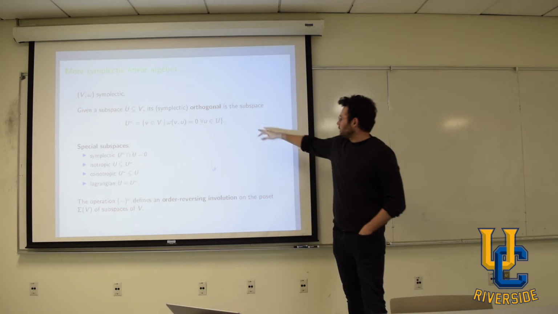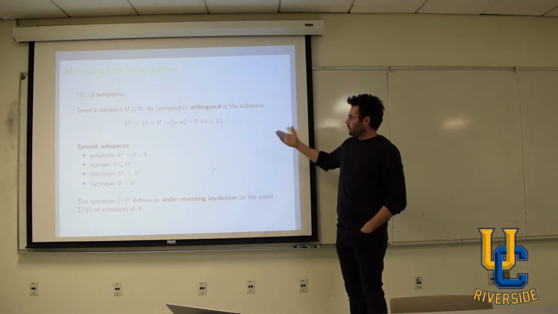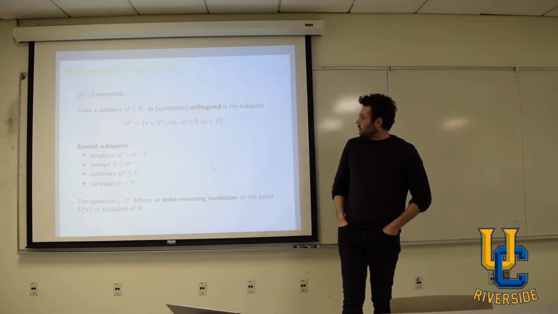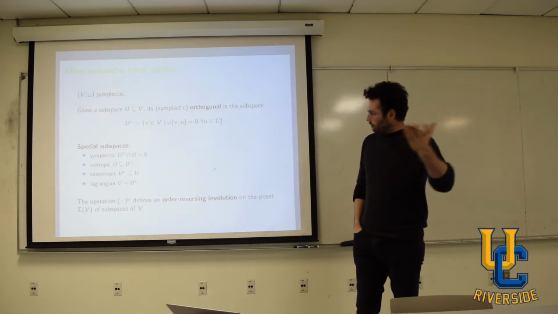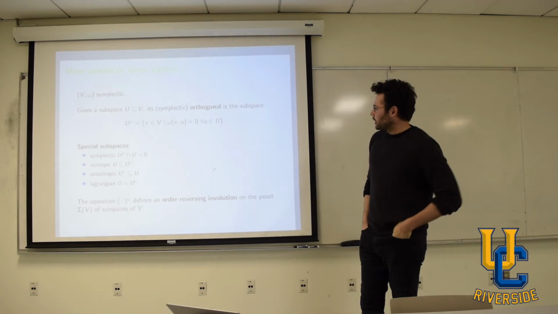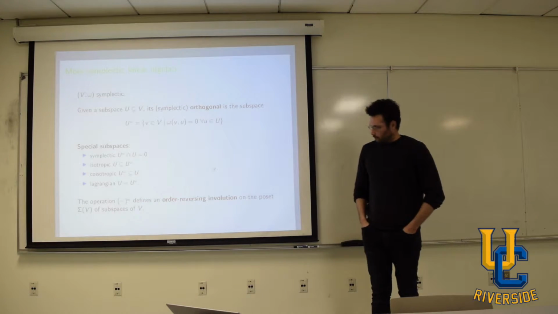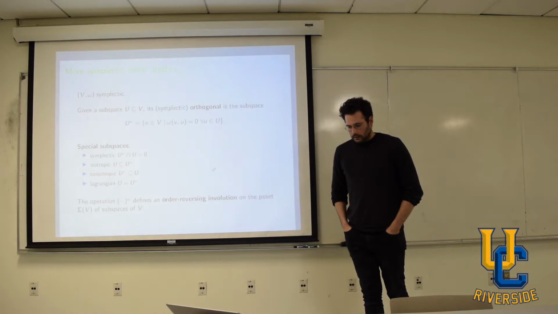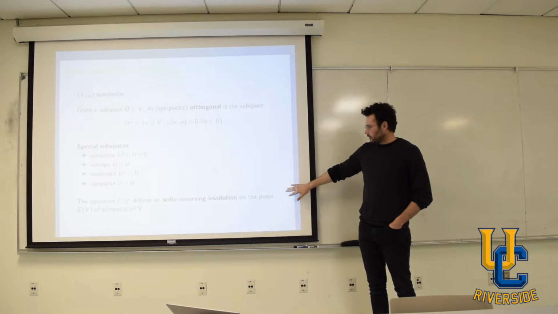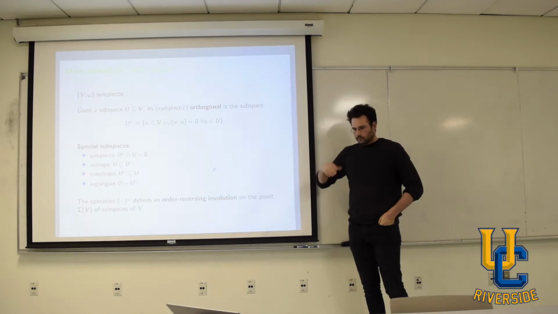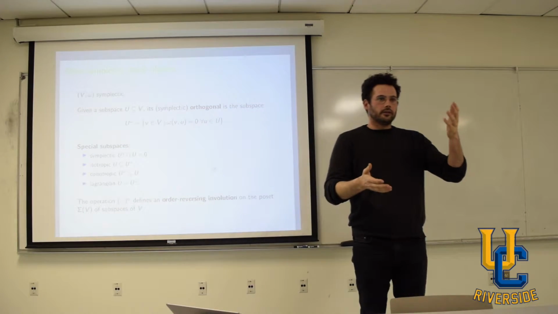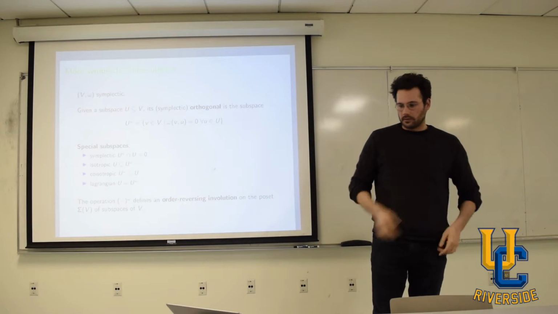So the orthogonal of a subspace U is just the collection of vectors which are zero when they're paired with that subspace U. And this operation of taking the orthogonal, I wrote here, it's an order reversing involution. So if you have A inside B, you take their orthogonals, and the orthogonals will be in the opposite order.